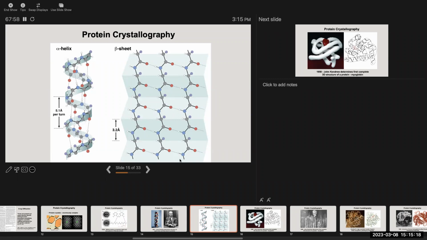The other thing that Pauling recognized at the same time in the early 1950s was that the alpha pattern that William Asbury was getting was a helical spiral of amino acids called the alpha helix, which I introduced you to last time also. The alpha helix and the beta sheet are two components of what we call the secondary structure of the protein.